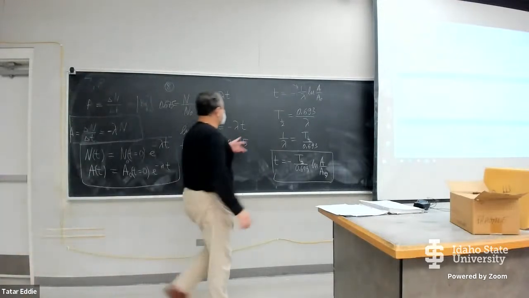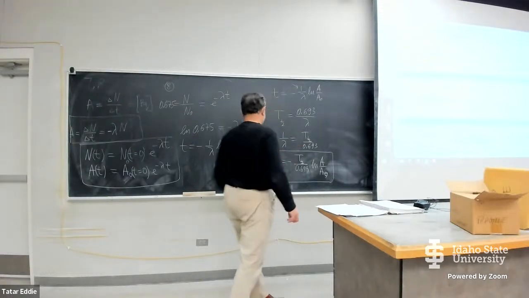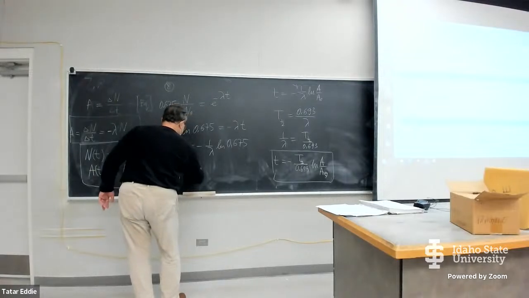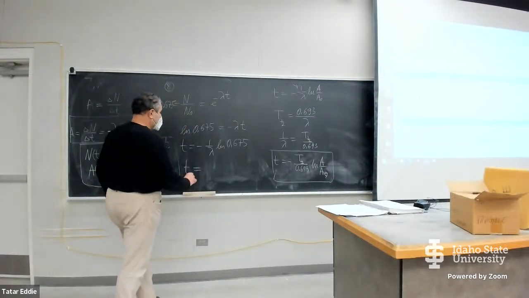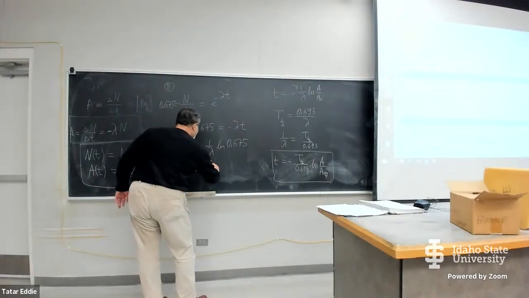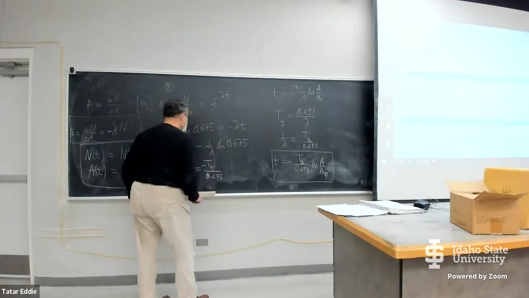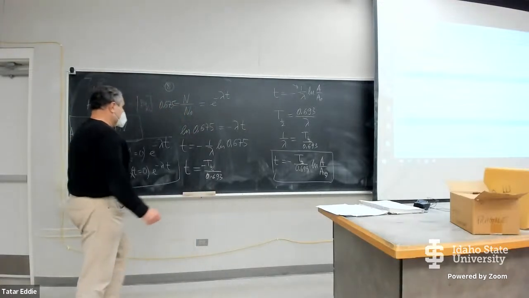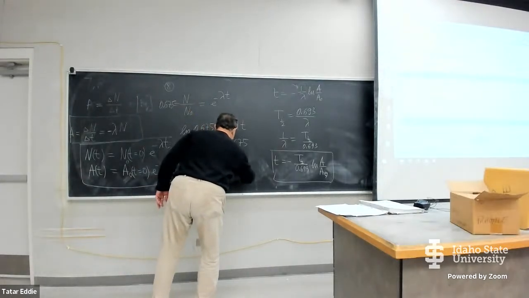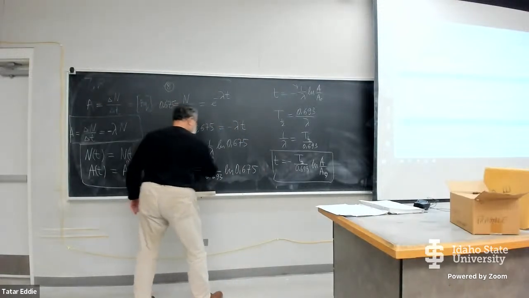Again, the inverse of the decay constant is related to the half-life. In other words, the age of your sample in terms of half-life is the half-life with a minus sign, divided by 0.693, times the logarithm of 0.675. And this should be your answer.